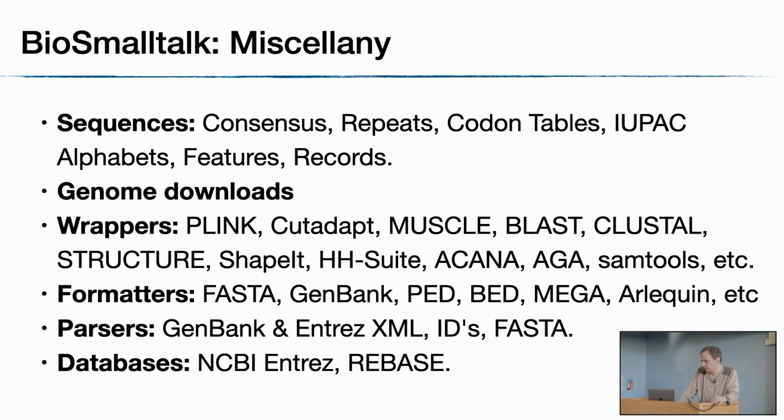And HH-suite is for hidden Markov model profiling, where you can search for homology with the algorithm. The thing with bioinformatics is that you use this transfer of knowledge from other species to know what your sequence is doing, which function it has.